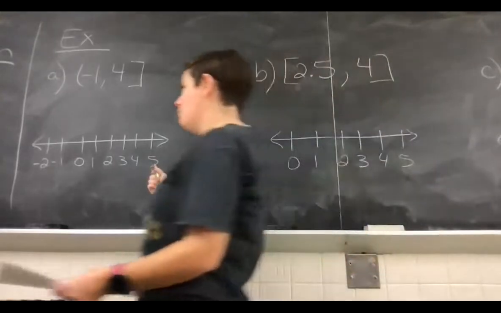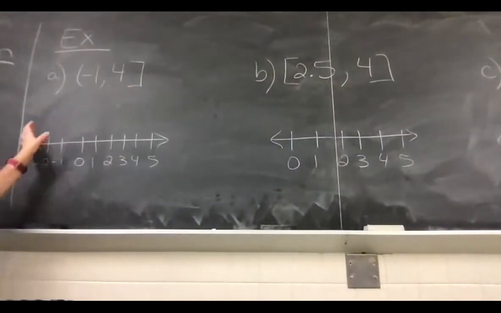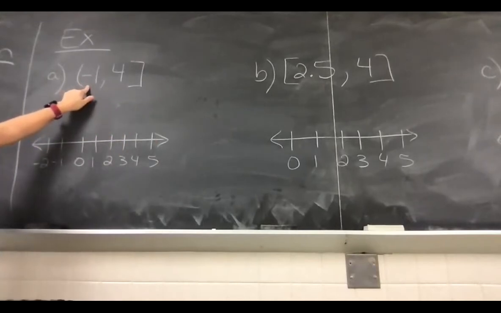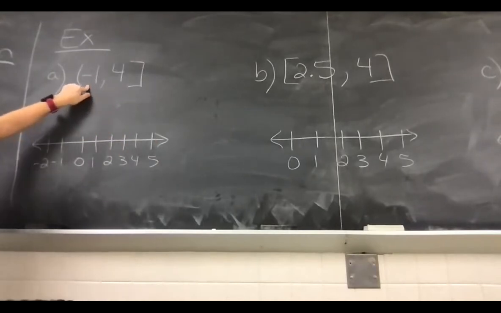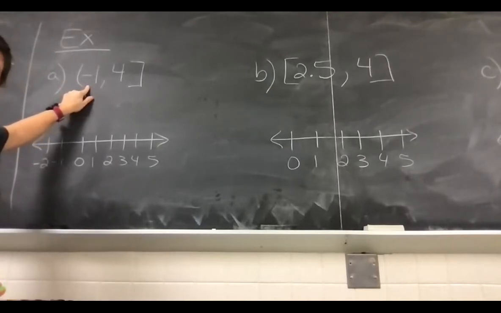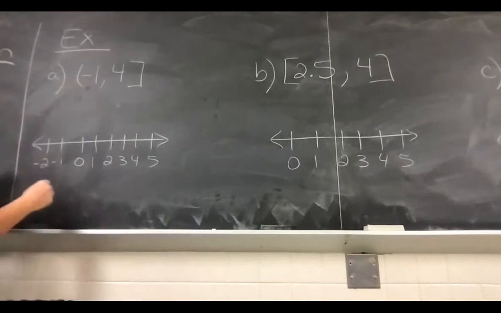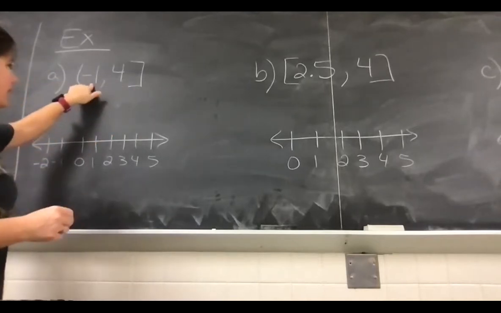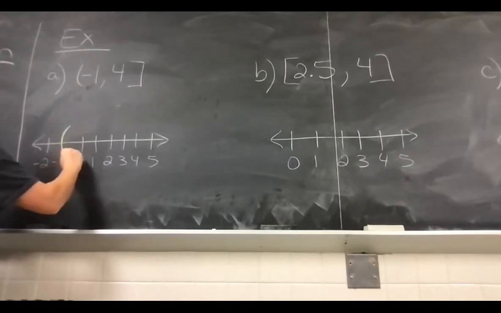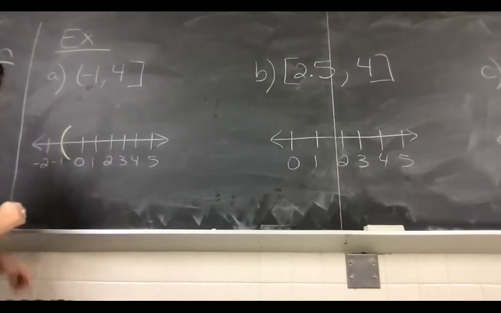So I'm going to graph first. I have a standard number line right here, and it says my starting point is at -1. Now at -1, you can either put an open circle or you can just put the parenthesis. I'm going to put the parenthesis, and I'm going towards the right because that's my lowest point.